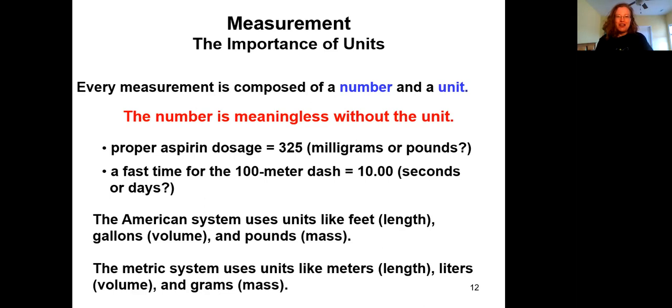And just a quick aside, the reason why the Americans are still using what I call the American system, which was originally the British system, instead of like the rest of the world, is because of pirates. Way back when, there were people in charge in the American government that said, hey, we want to switch over to the metric system.